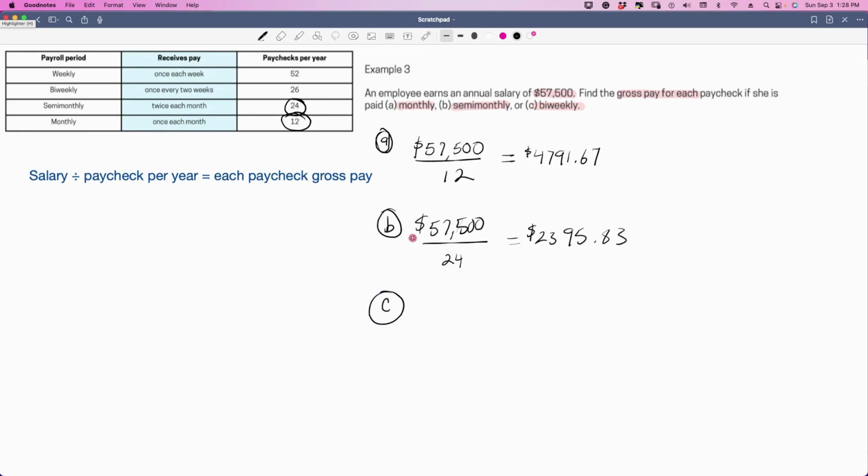C is bi-weekly. So bi-weekly is every other week, and since there's 52 weeks in a year, half of that would be 26. So we're going to take this amount and divide it by 26.